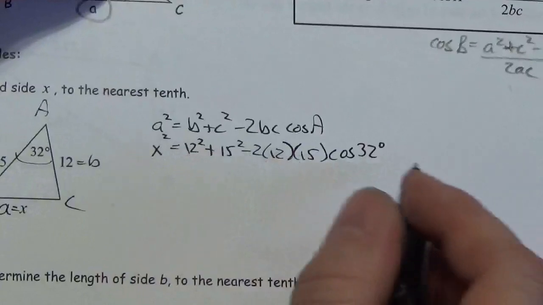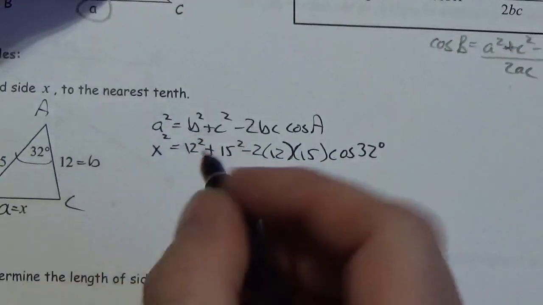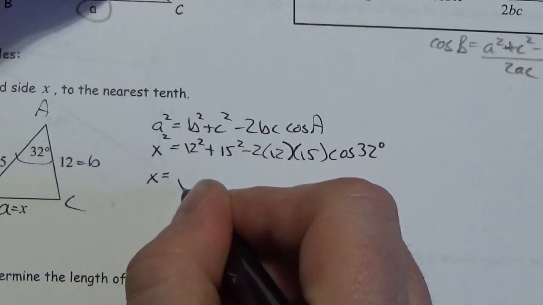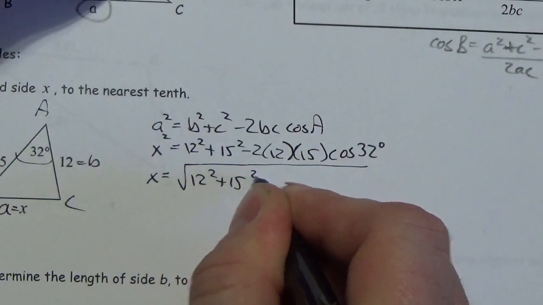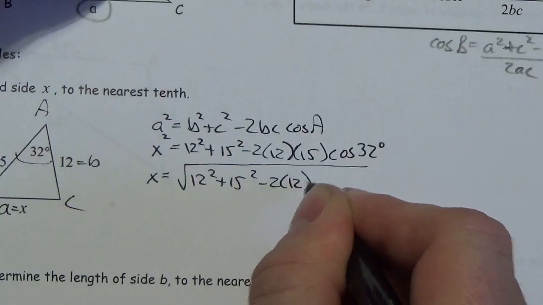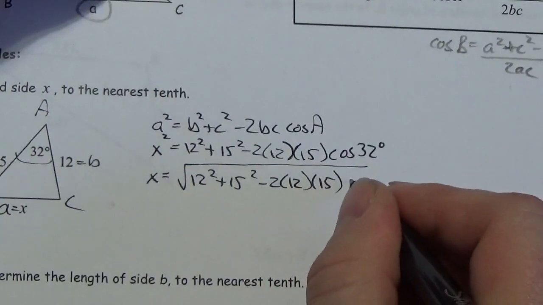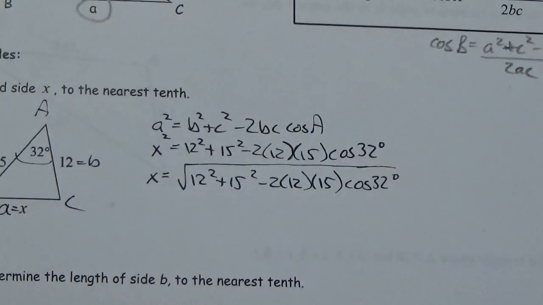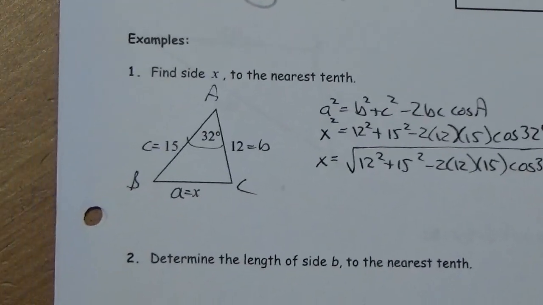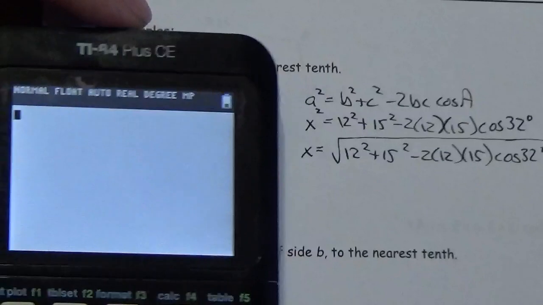In fact, in order for me to get the x here, bear in mind that it's x squared, so the next thing I'm going to do is take the square root of this whole thing. I would recommend, to help you avoid any kind of order of operations mistake, let's just enter this all into the calculator in one step.